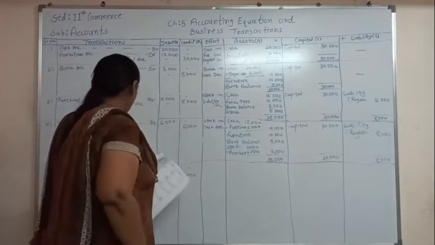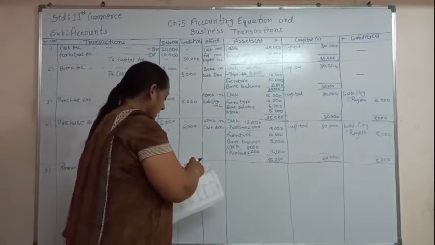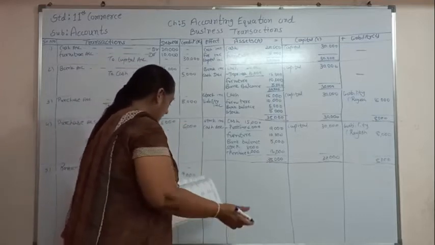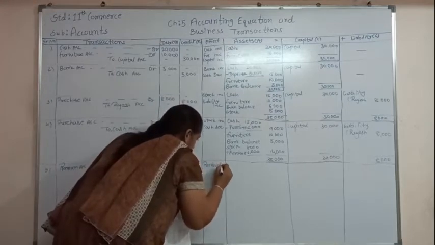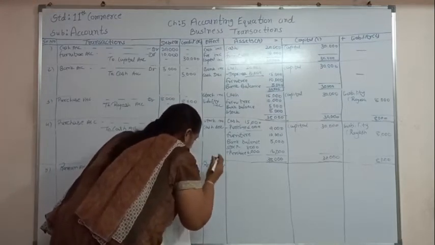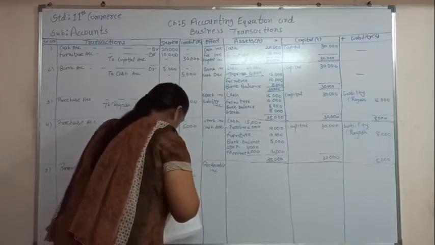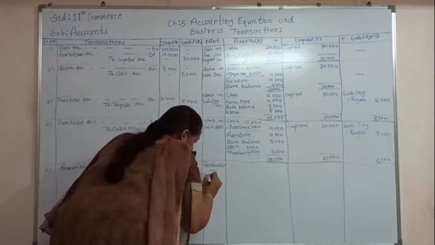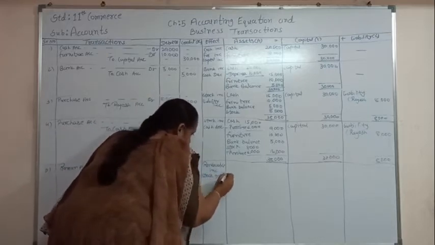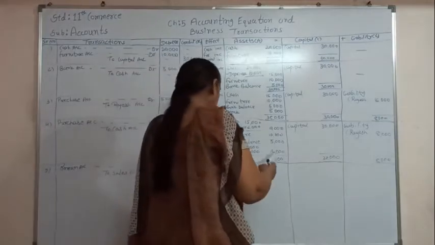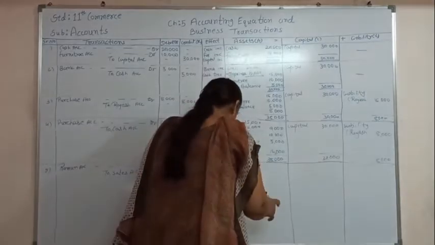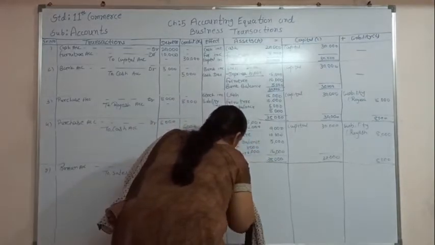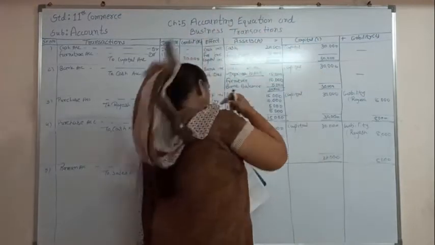Here, because of this transaction, as we know that asset, receivable, is going to be increased, and stock is going to be decreased. Cash will remain the same. So here cash will be 9,000.